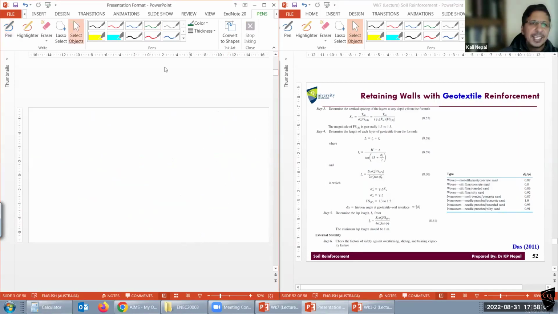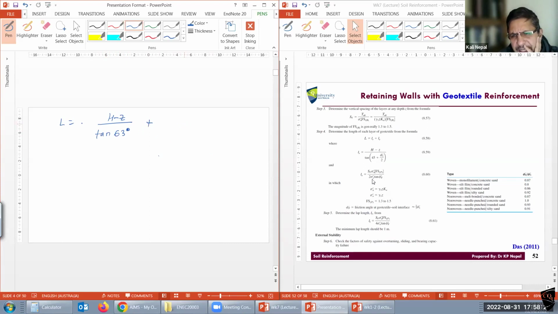So now we need to calculate length, right? Length L equal to. Can I just copy those? L equal to H minus Z, the same formula. We did that, I think, equation 8.63 plus the other side.